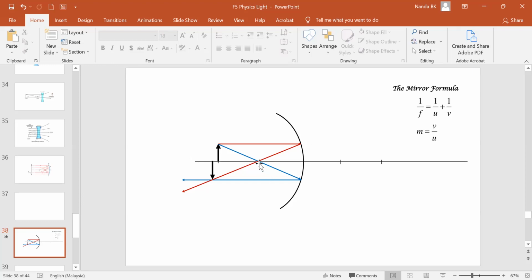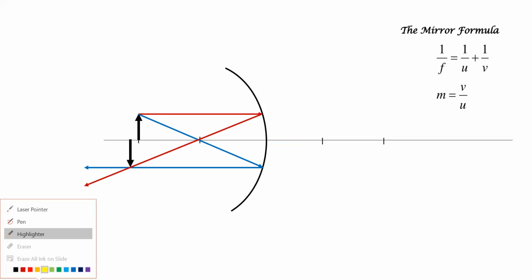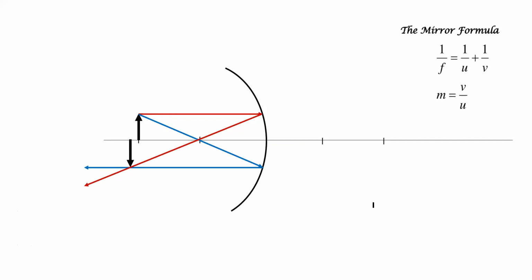The focus is still 10, so please put focus 10. The object is 2 times the focus, which means 20. Please calculate for me and show me.